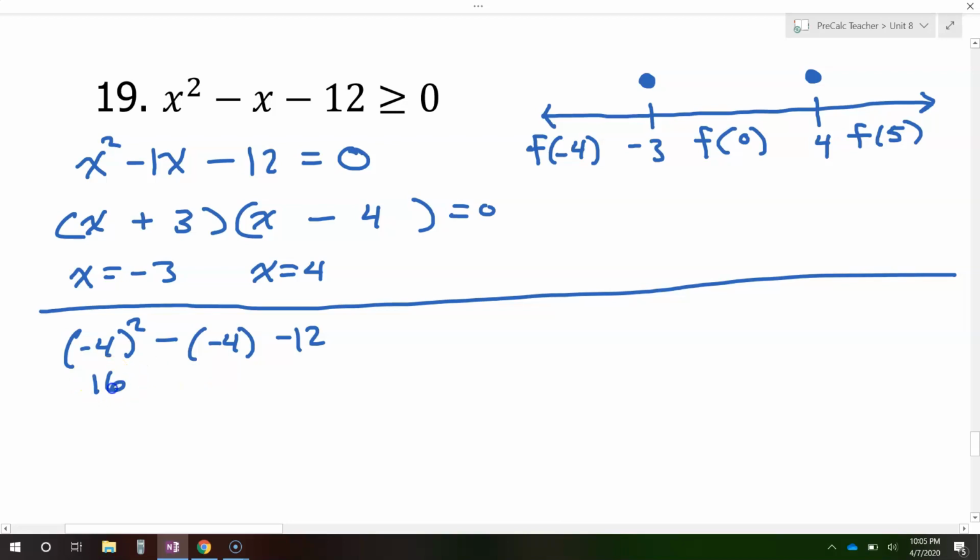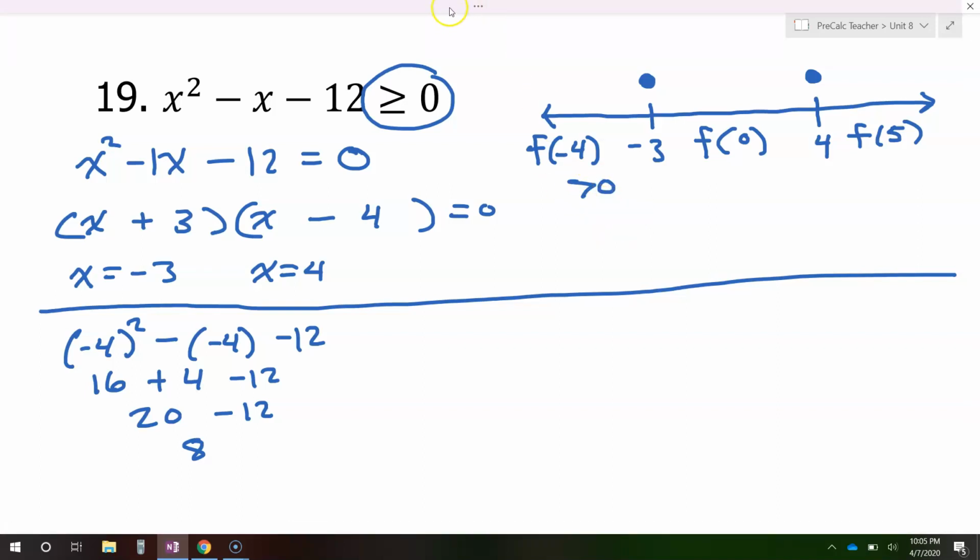So that would be 16 minus -4 is really +4 minus 12. So that would be 20, adding these together, minus 12. So that's going to be 8. Okay, so this turns out to be 8. But look, all we care about is this greater than 0 or not? So this is greater than 0.